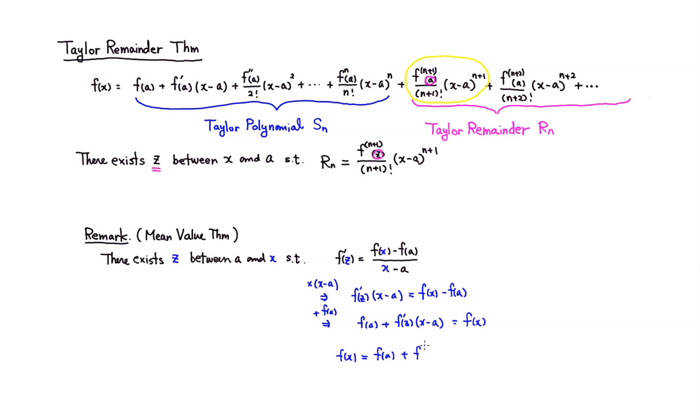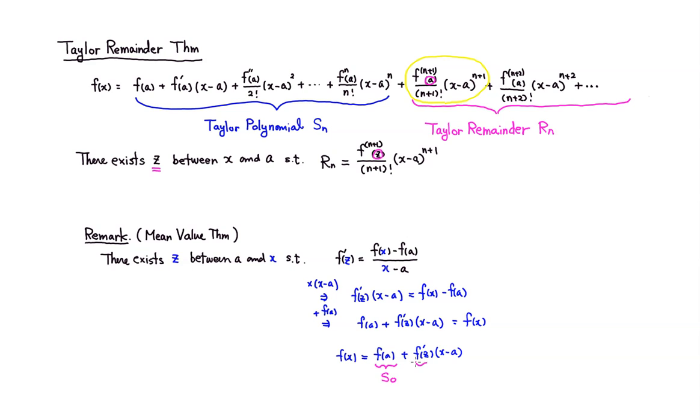Then you see that this is really the Taylor remainder theorem. This portion is the Taylor polynomial of degree 0, so this is just a constant. This is going to be S0.